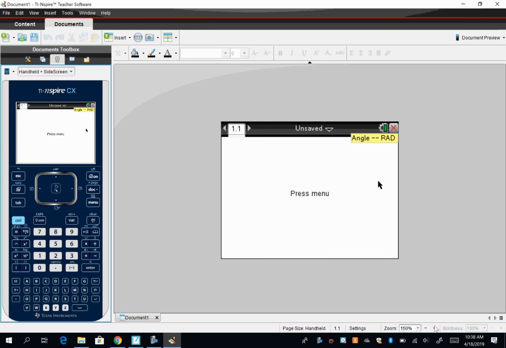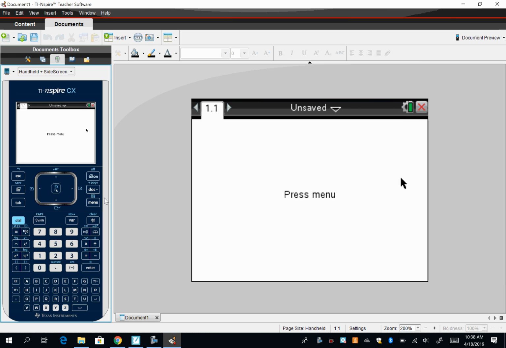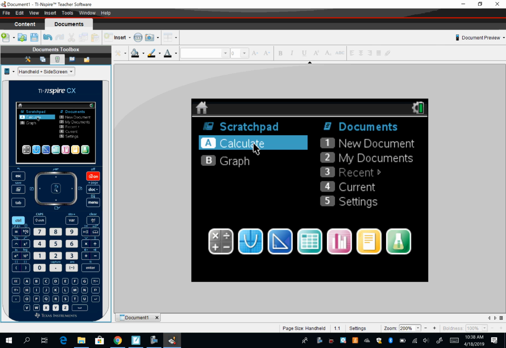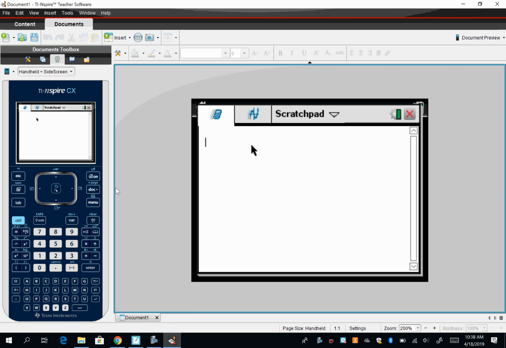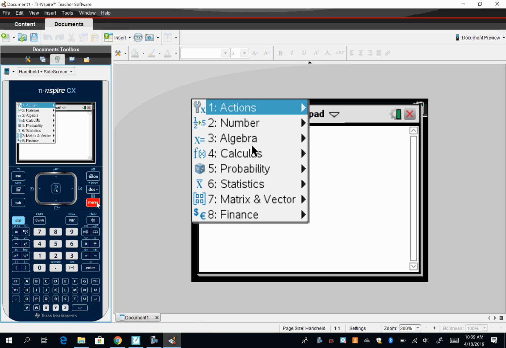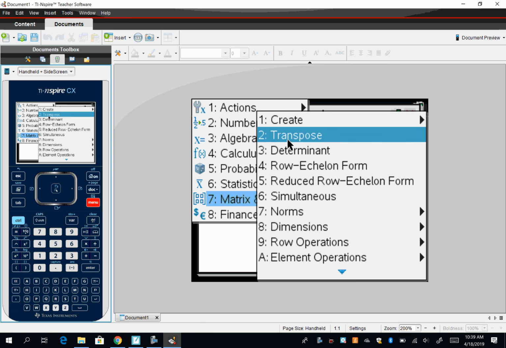All right, let's do it. If you're going to do this with us, you just need a blank calculator page. We're going to go to Menu, Matrix, create a matrix.